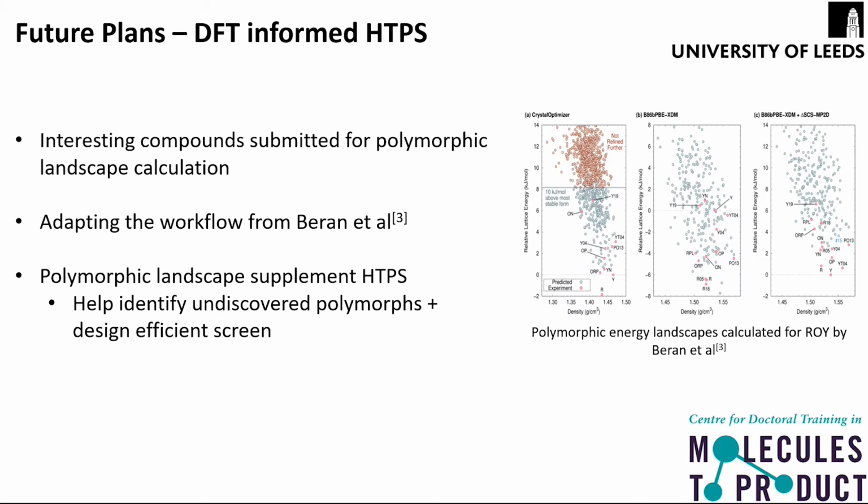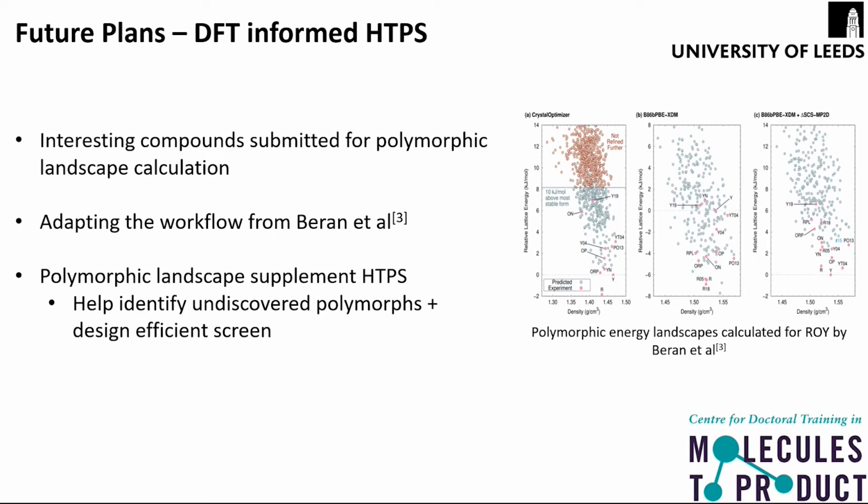Finally, in order to inform our high throughput screen, we are going to be adapting a methodology which was used by Ferron and co-workers recently, known as polymorphic landscape calculation. This is a density functional theory, or DFT-based, calculation, which basically can provide you with a plot of relative energies of simulated crystal lattices for a given cell.